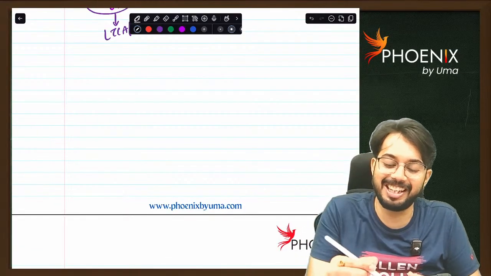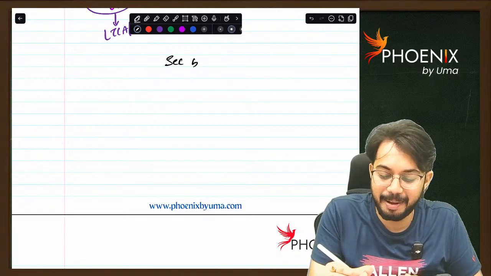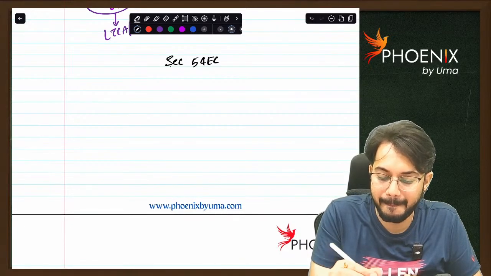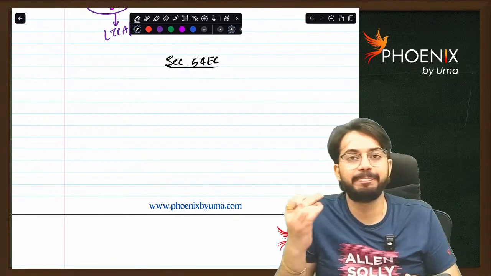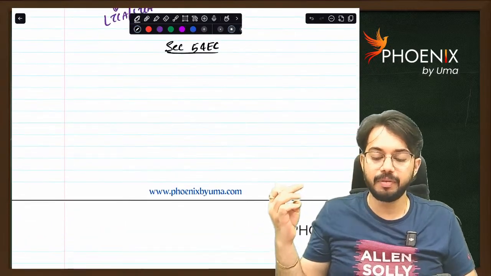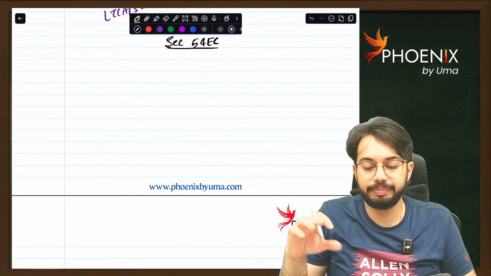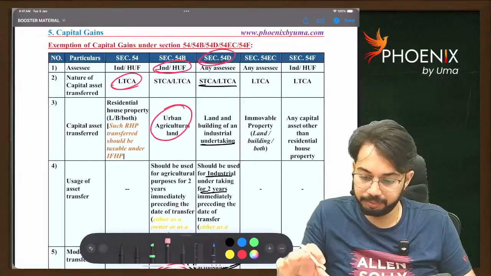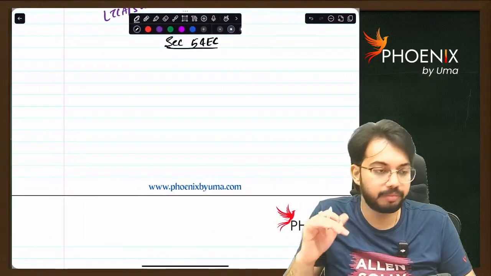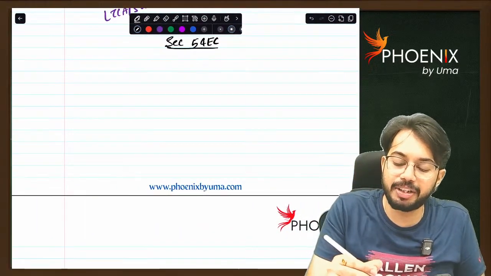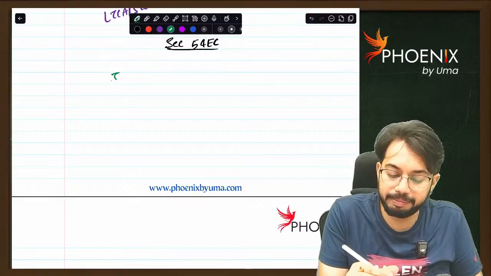Now 54 EC. What is the combination under 54 EC?